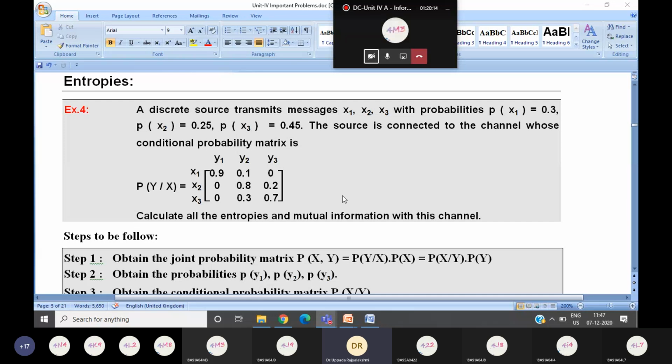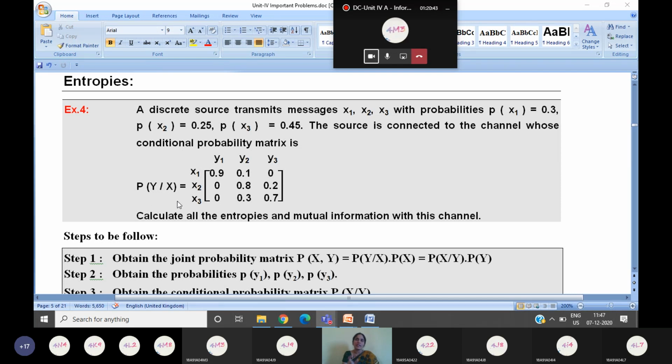And another condition to check that it is a joint probability matrix: the sum of all the elements in the whole matrix should be equal to 1. That is the condition. Did you note down the conditions? What is the condition to check it is P of x or P of y? The sum of all elements should be equal to 1, either in P of x or P of y. What is the condition to check it is P of y by x or P of x by y?